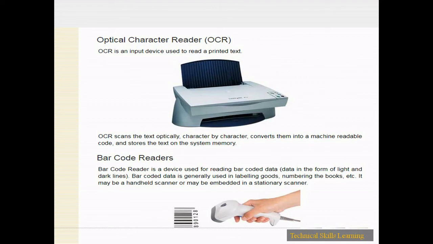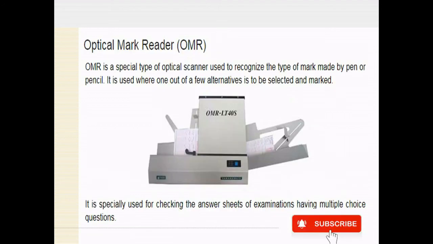Barcode reader. Barcode reader is a device used for reading barcoded data. Barcode data is generally used in labeling goods, numbering books, etc. It may be a hand-held scanner or may be embedded in a stationary scanner.